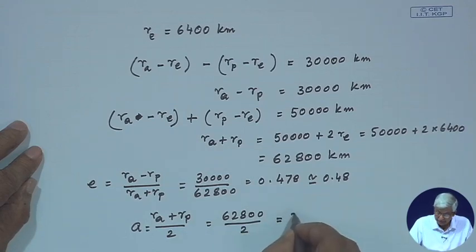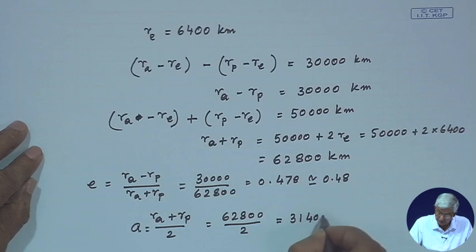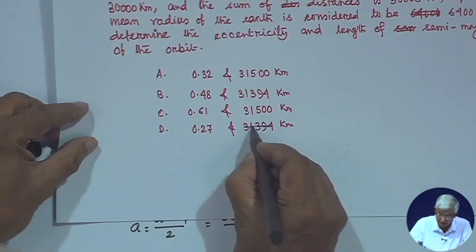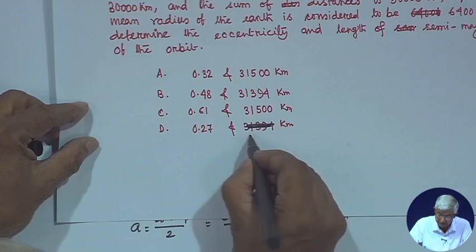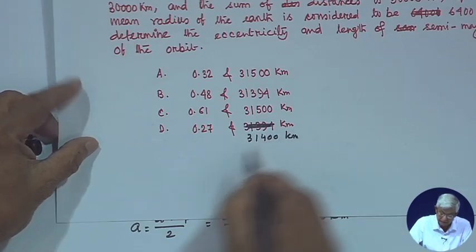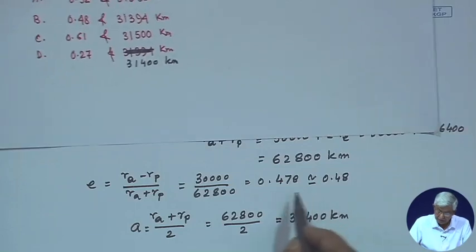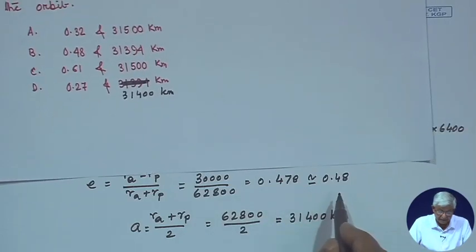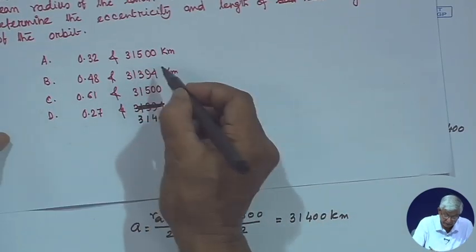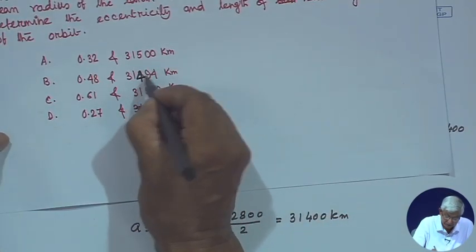So, that will be 31400 kilometer. Now, this option here, it was written wrongly in your assignment, it is 31400 already written. So, the eccentricity is point here also, sorry, 31400 it will appear here.